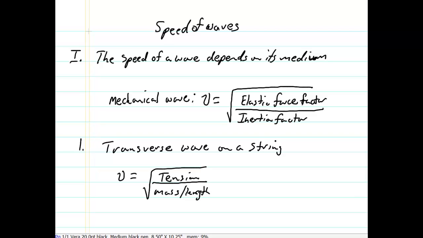Now, these are generally given the following symbols: T for tension, and on the bottom mu, where mu is defined as mass over length. Again, notice it has a square root. Notice that there's a term here related to the force and a term here related to inertia.